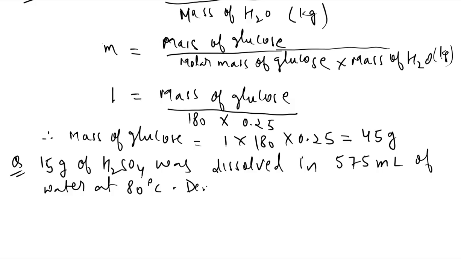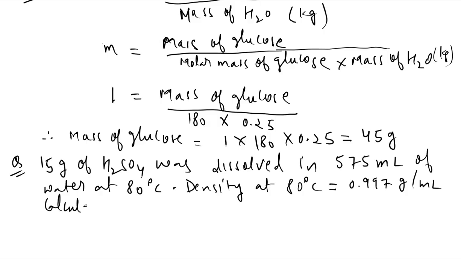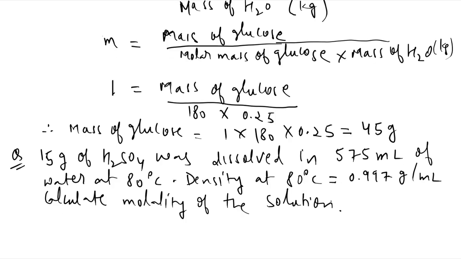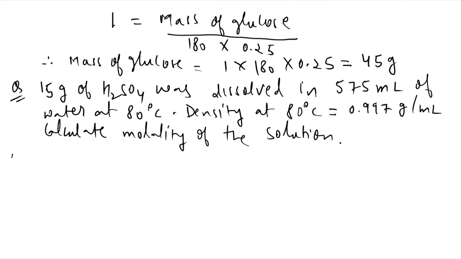The density of water at 80 degrees Celsius is 0.997 gram per ml. Calculate molality of the solution. This is the question.